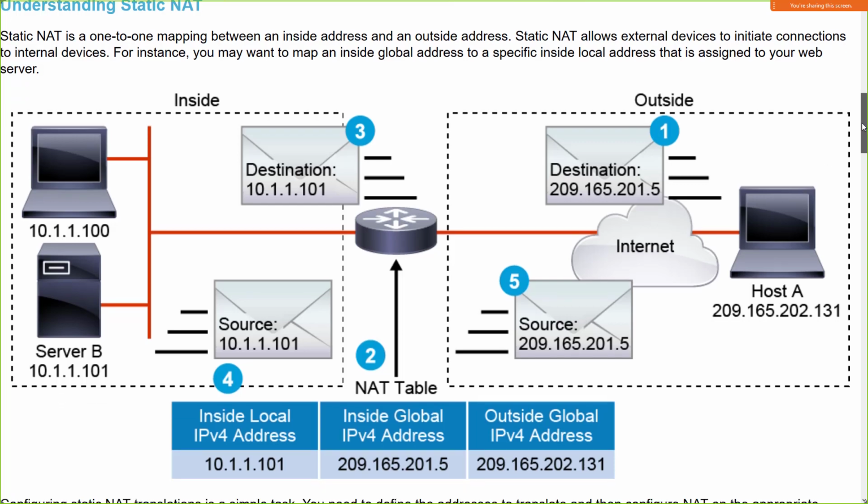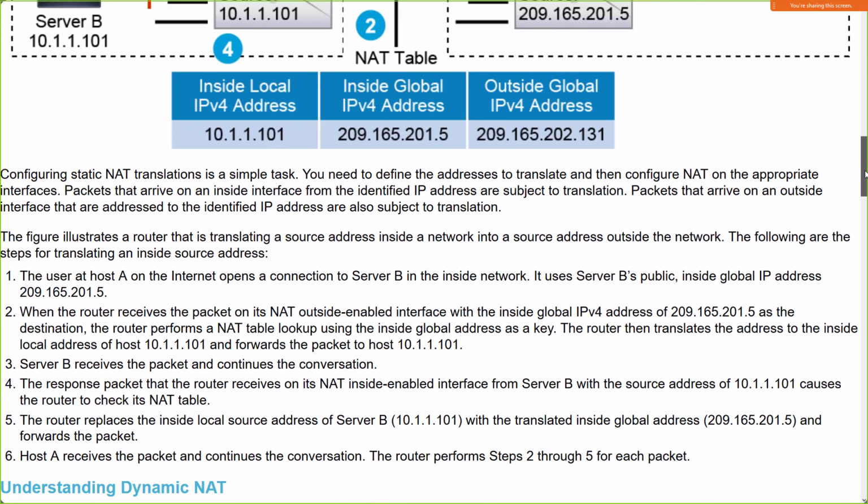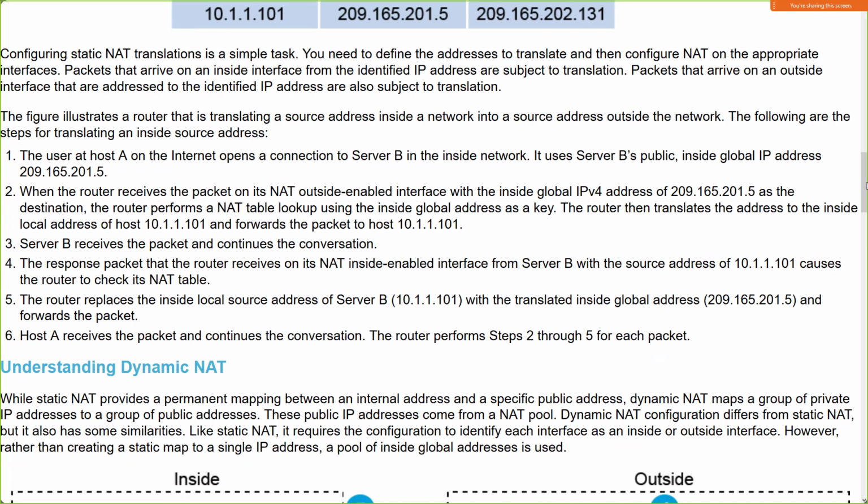Now, with a pool, with dynamic NAT, you have to set up a pool, and with the other types of NAT besides static, you have to specify or classify the individuals that are going to get natted. We typically do that with an access list, right, to identify who's going to get natted. All right, so this one-to-one translation, you get the idea.